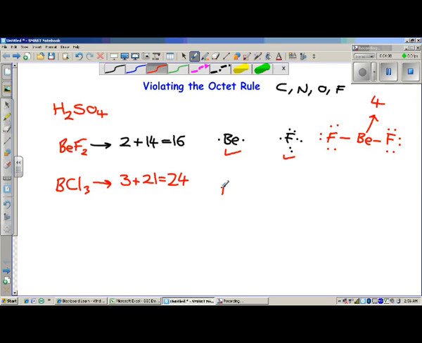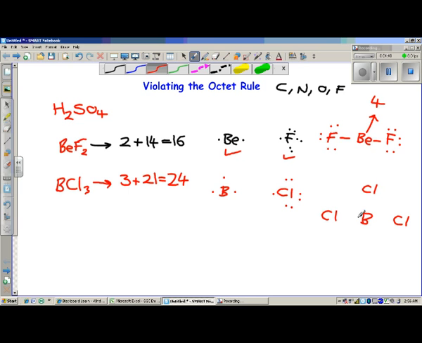Alright, now if we do exactly the same thing, boron has places for 3 bonds, and chlorine is in the same group as fluorine, so if we fill up to 7 electrons here, we'll see each chlorine can usually form 1 bond. Chlorine can actually form more, but for right now we're just going to assume chlorine can form 1 bond. So that would tell us then that boron is the central atom. So let's draw these on.